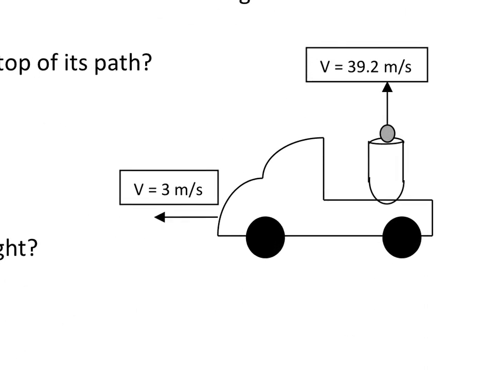Okay, so what I see here is a velocity of the cannonball going up, and the truck has a velocity moving to the left. So this going up is my vertical velocity, and moving to the left, this is my horizontal velocity. Okay, so essentially this is Vy and this is Vx.